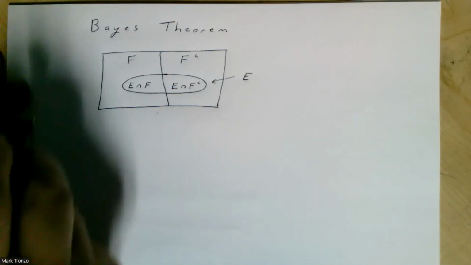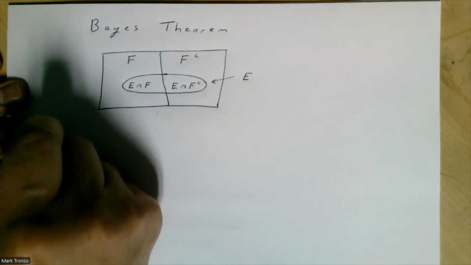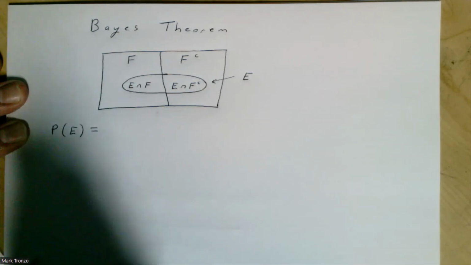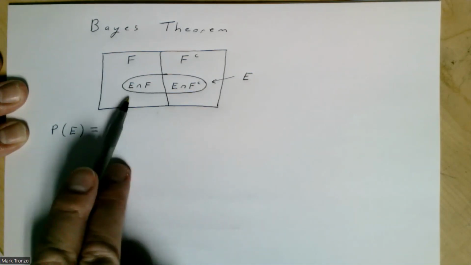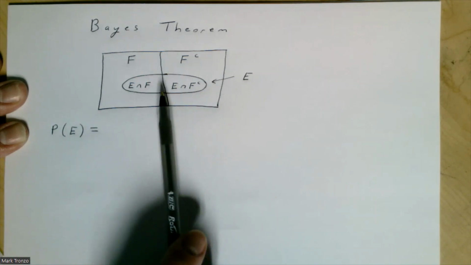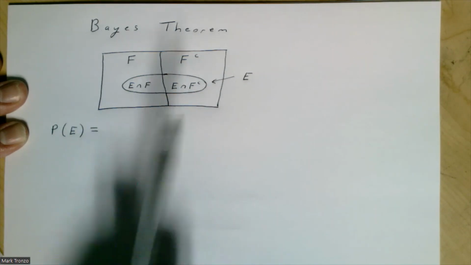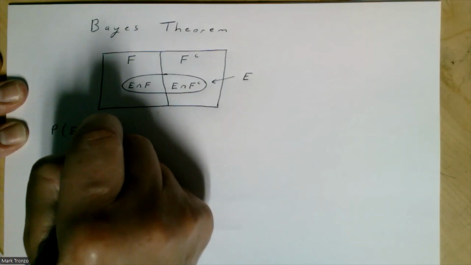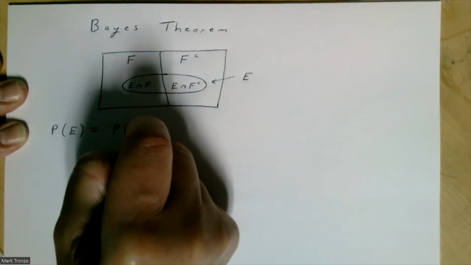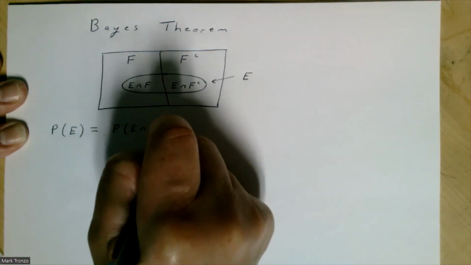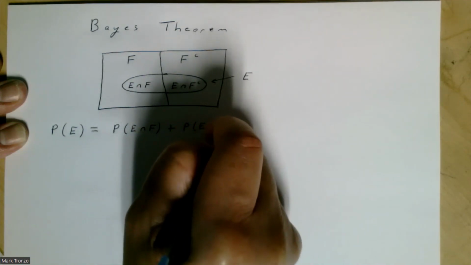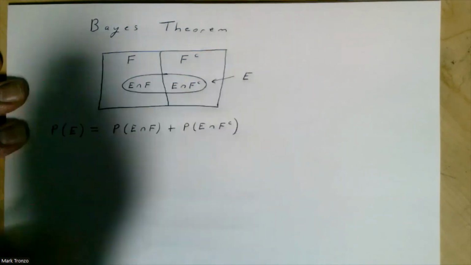As we know from previous videos, the probability of E is going to be the sum of these two probabilities. Again, we can just add them because there's no overlap between them. If there was any overlap, we could not simply add them. We would have had to subtract the overlap, that is, subtract the intersection. So we have this.